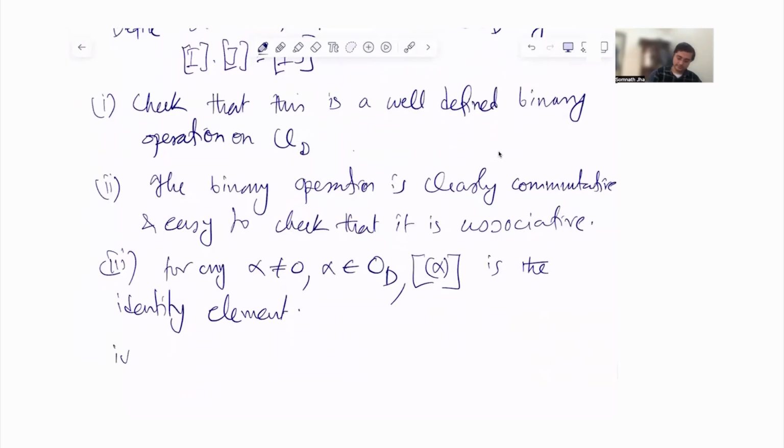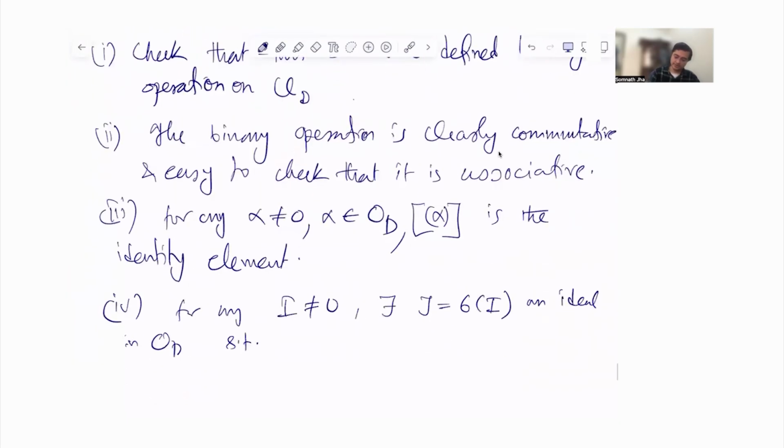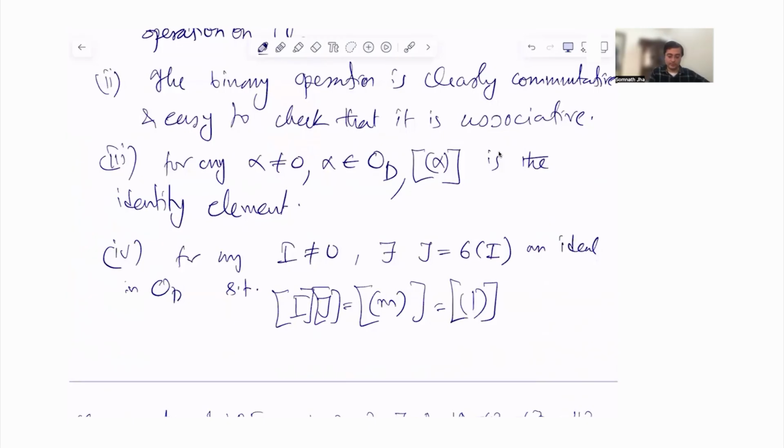And the theorem we have proved precisely gives the inverse: for any I not equal to 0, there exists J equal to sigma I, an ideal in OD, such that I times J is a principal ideal. So this is the class of 1, if you like, the identity. So this implies that indeed the class group of D is an abelian group.